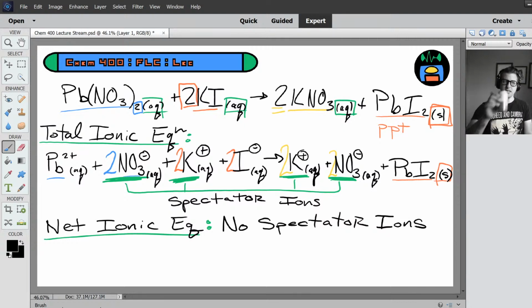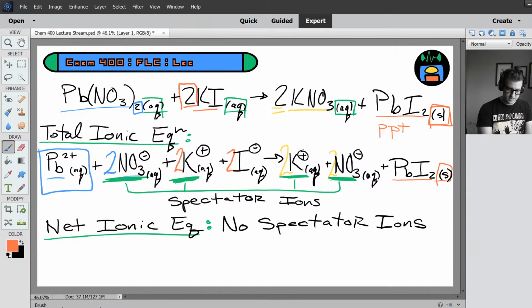All right, no spectator ions. So, if we wanted to write the net ionic equation, it would look like this. We would only include ions that are not spectating.